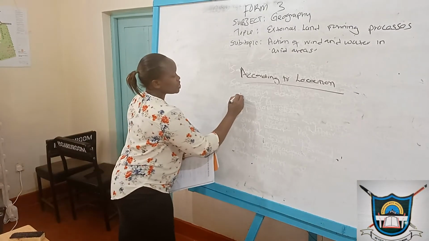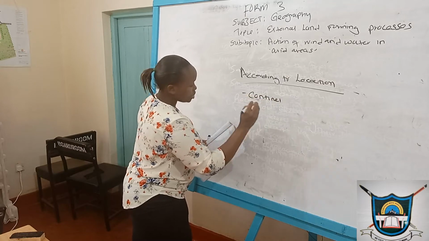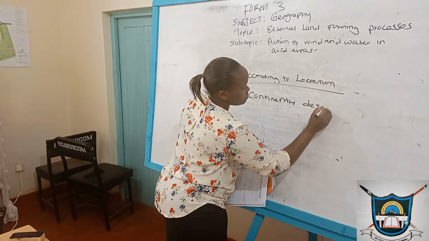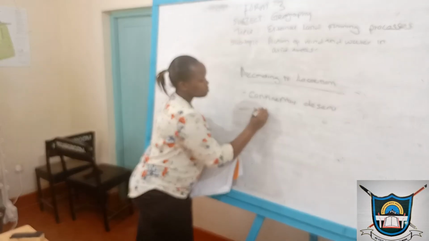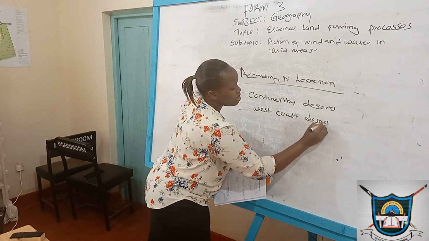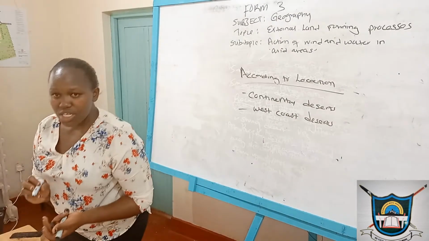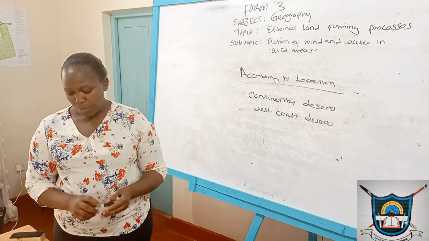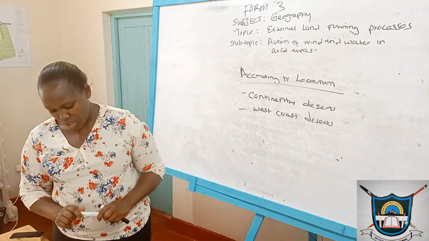One, we have the continental deserts, and also we have the west coast deserts. That is according to where these deserts are found in the world.